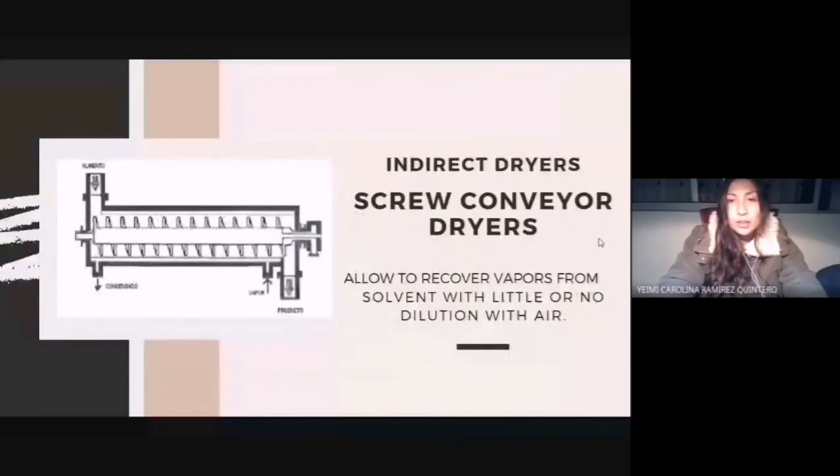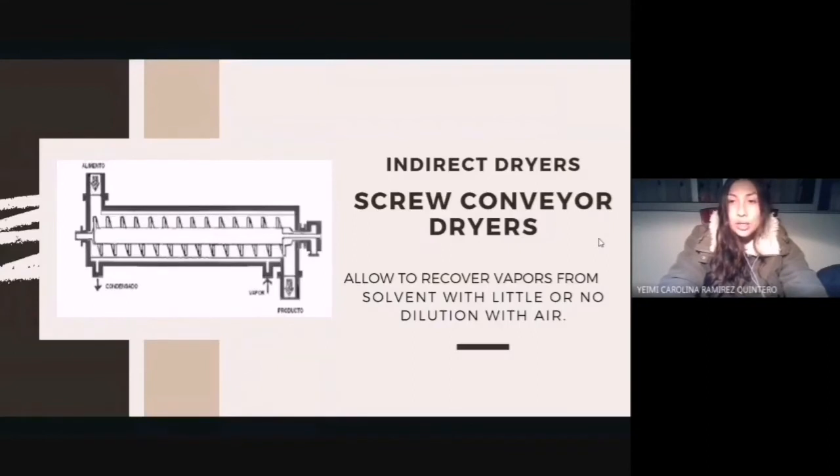Okay, feed entering on one end is slowly transported through the hot zone and discharged at the other end. The steam here is sent through pipes placed in the upper part of the casing. It is 8 to 65 centimeters in diameter and up to 7 meters long.